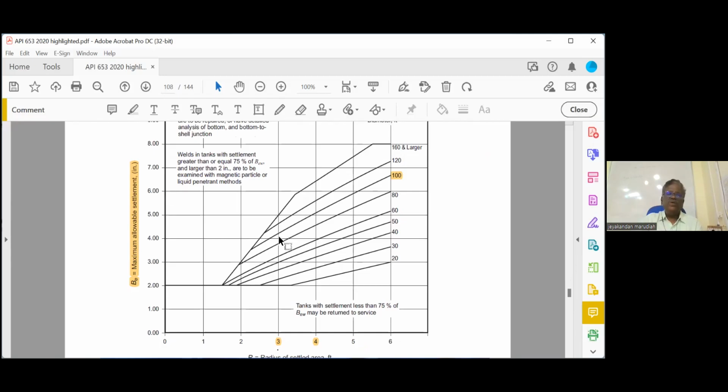It is more than 4, say 4.2 or 4.3. It is very close to 4. This is the line you have to follow. So 4.2 or 4.3.